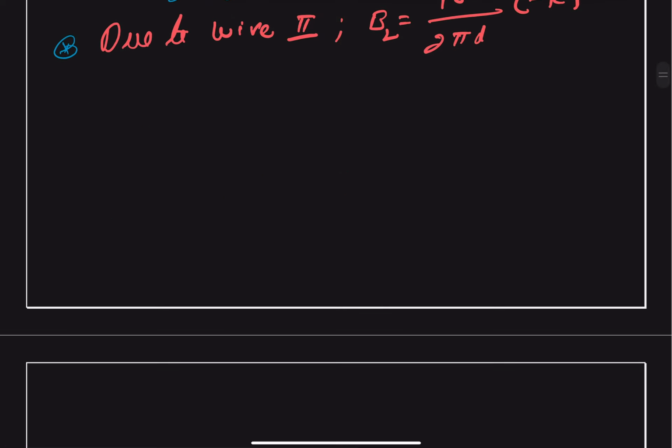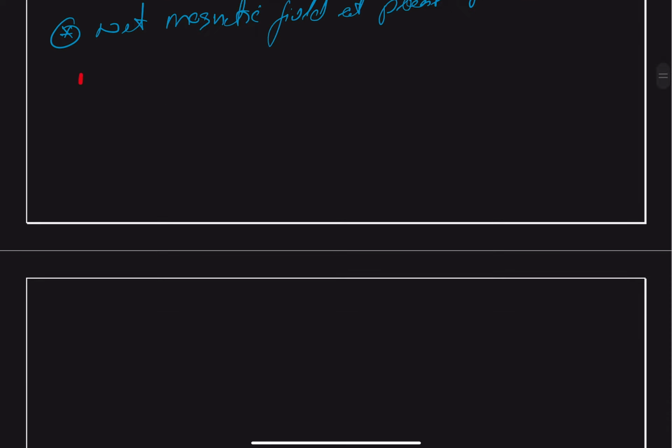So net magnetic field at point P, B is equal to B1 plus B2. Magnitude is same because value of the current as well as distance are same.